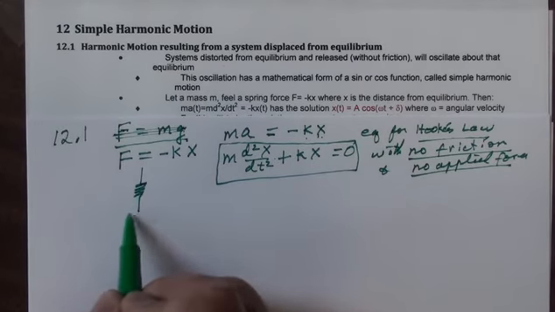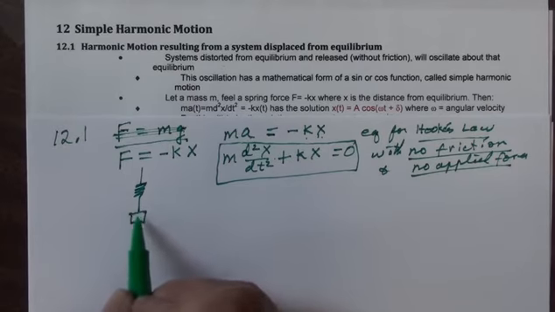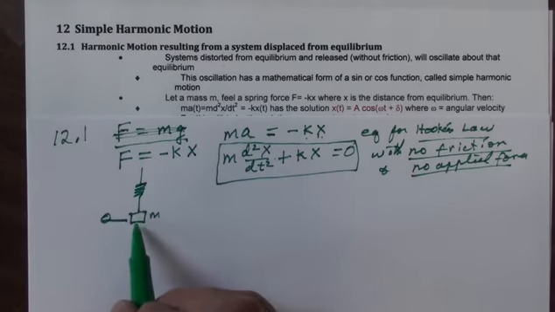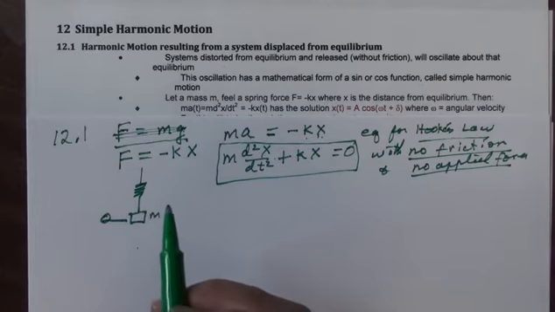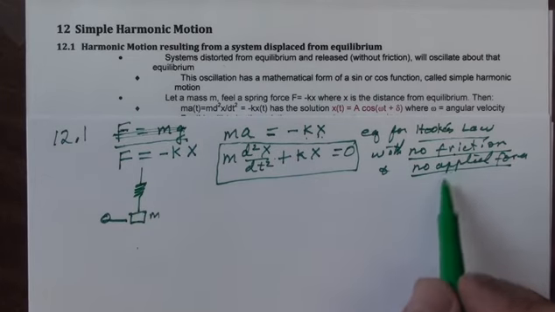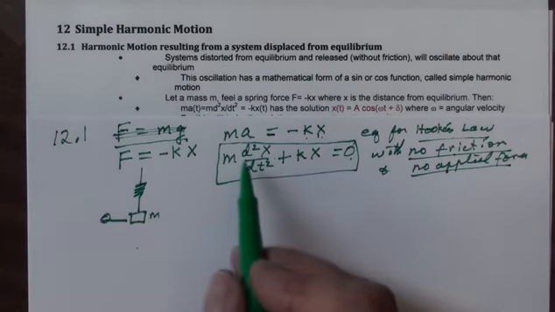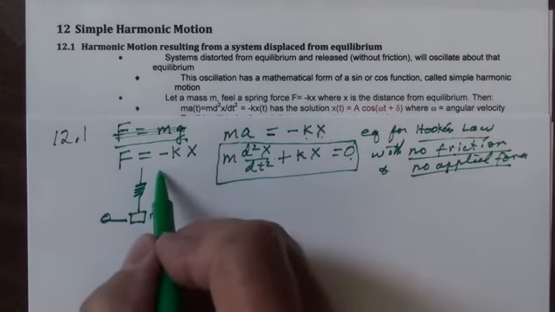It might be a system where we have a mass m that hangs, and the equilibrium point here is at 0, and then we take this and pull it out or compress it up and let it go. If we have no friction and there's no other force on it, this would be the equation of the motion. This is Newton's second law.